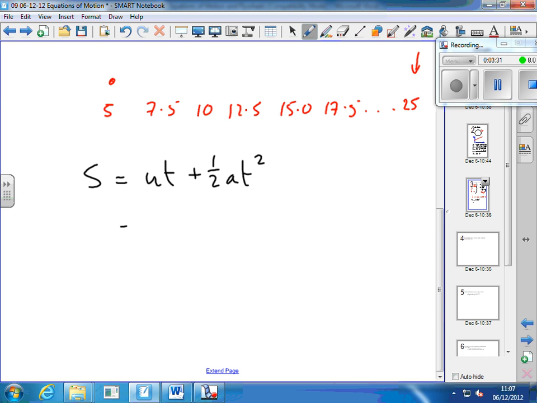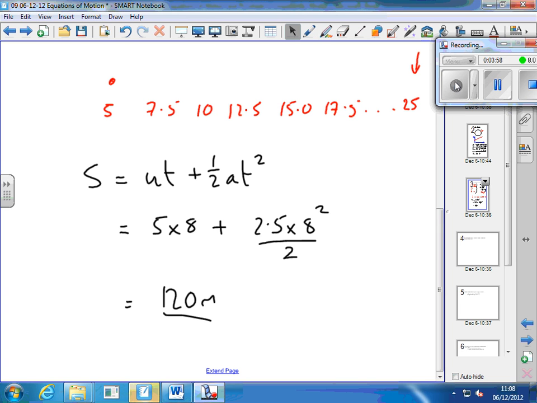So the displacement equals u, which is 5 times 8 plus the acceleration is 2.5 times 8 squared over 2, or 0.5 times that. What does that turn out to be? So 120 meters.